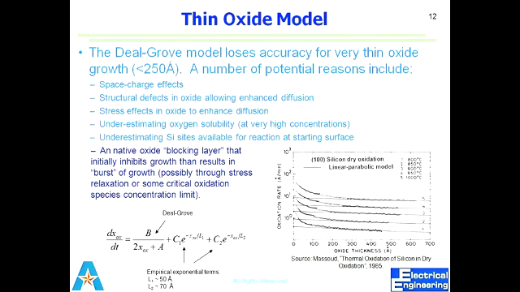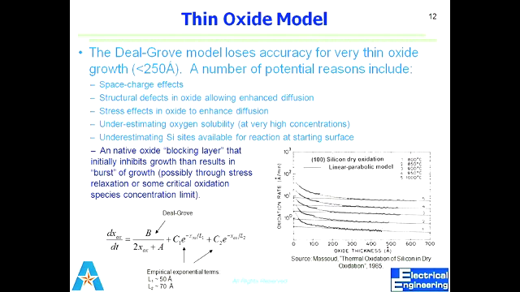At less than 30 nanometers, the Deal-Grove method will give you a smaller oxide thickness, but experimentally you will find a thicker layer than what the Deal-Grove equation gives. So for the initial 300 angstroms, the Deal-Grove method does not work well.